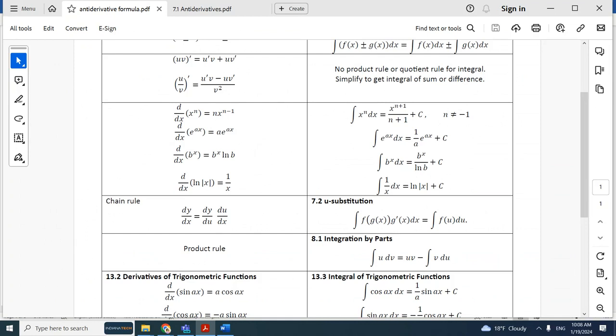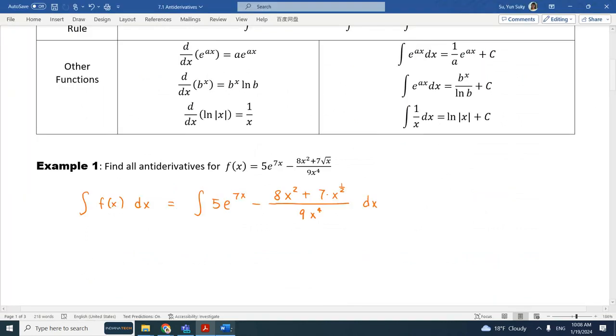So we get a sum or difference. Let's do that. This is the integral of 5e to the 7x minus 8x squared over 9x to the 4th.